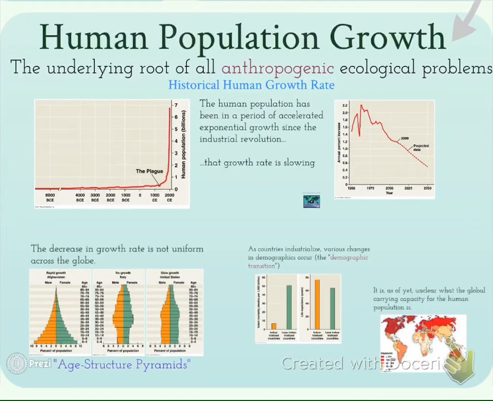So, how does human population growth impact our planet, and what does human population growth look like? First off, our growth as a species is the underlying root of all anthropogenic ecological problems. What do we think this word anthropogenic means? Human caused.